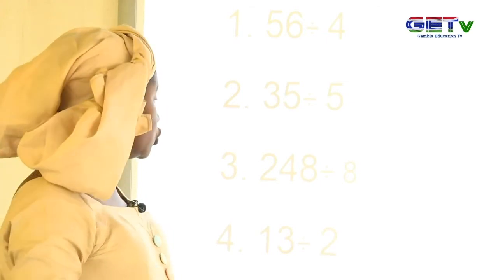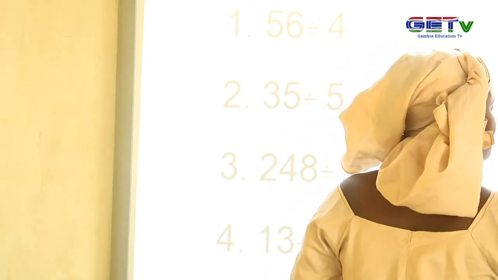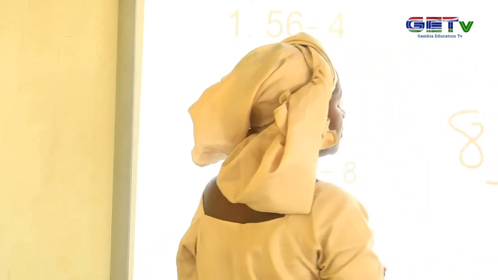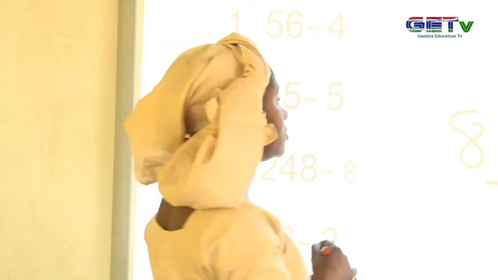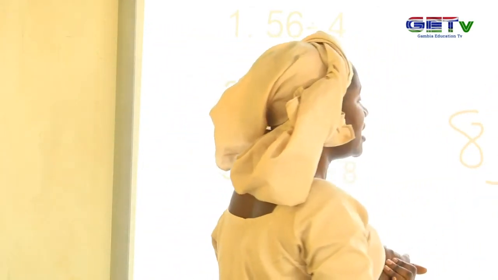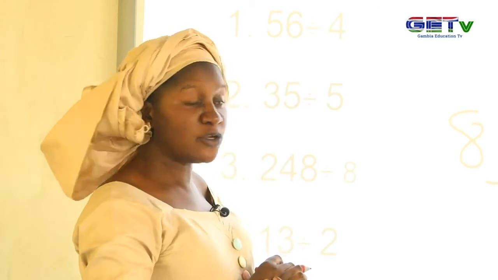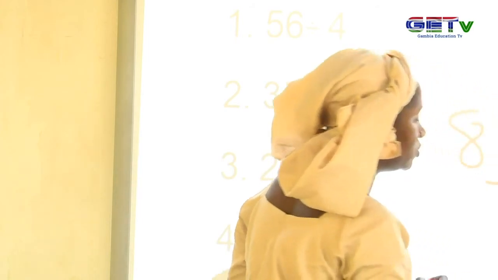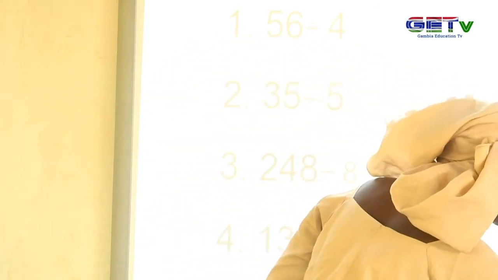We are going to 248 divided by 8. 2 divided by 8, that's 0. 0 times 8 is 0. 2 minus 0, you have 2. Let's bring the 4 down. Now we have 24.